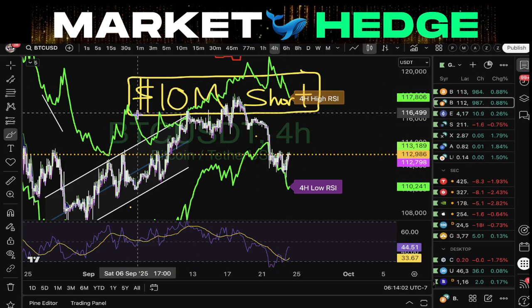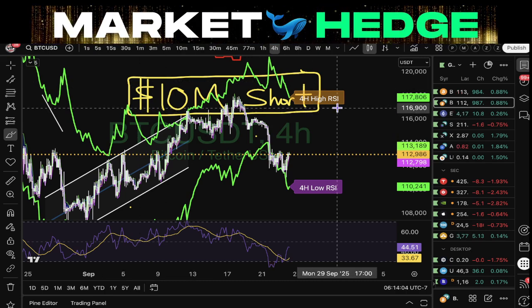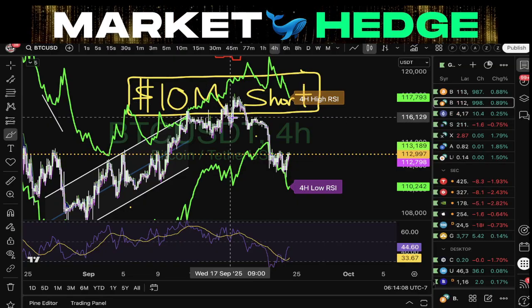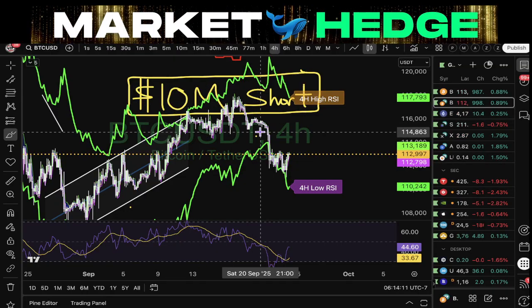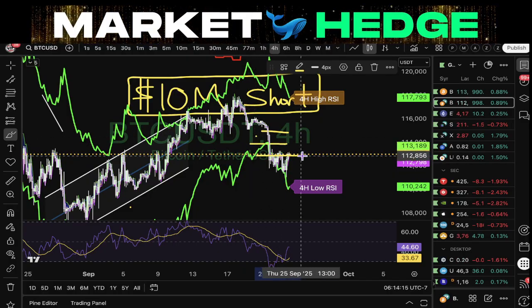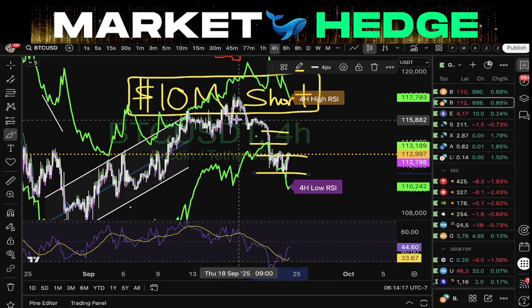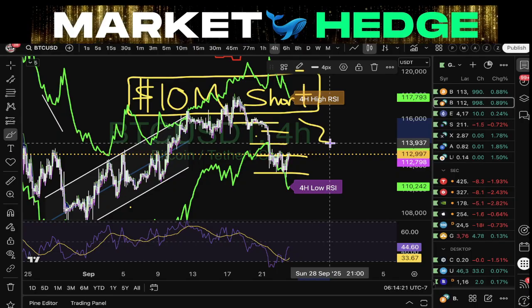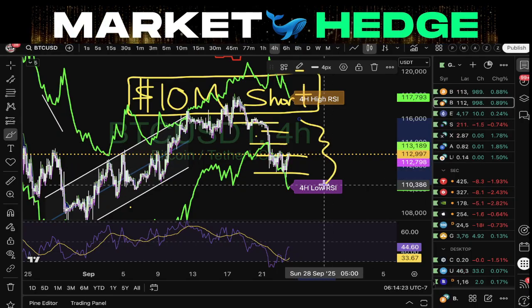What would this $10 million short, or the $10 short, it doesn't matter, have allowed you to do? It would have allowed you to enter into longs in this area. Pay attention, guys. It would allow you to participate in this zone potentially risk-free.